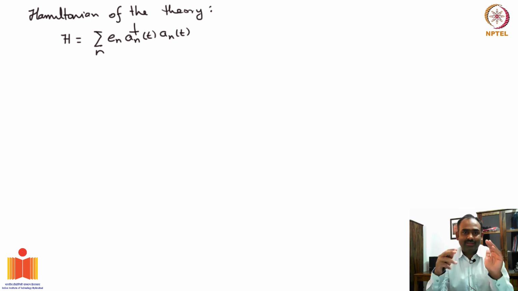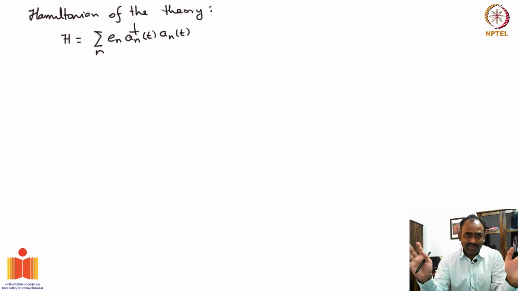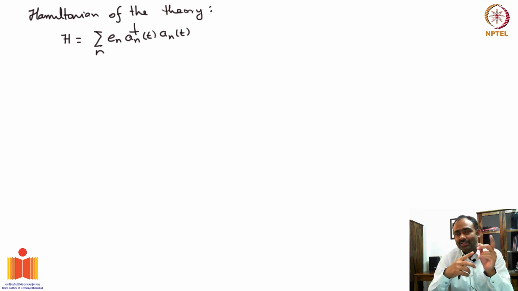There is no interaction between one oscillator and another. So all these oscillators are completely free, and this is a free theory. The system that I am showing to you is a free theory, despite the fact that we started with the potential term in the original action, or the Schrodinger equation had a potential.